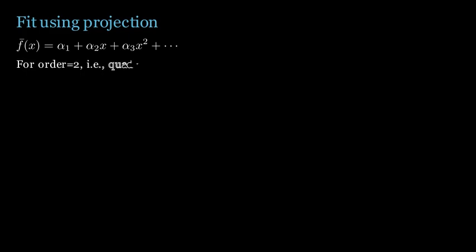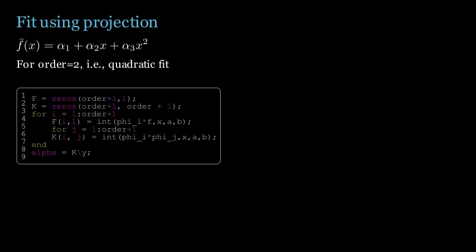All this is useless if we cannot have working code to implement these things. So let's now focus on the algorithm for projection based fitting. So we take the f bar. For a quadratic fit, it will have three coefficients, alpha 1, alpha 2 and alpha 3, multiplied by 1, x and x squared respectively. So this means phi 1 is 1, phi 2 is x and phi 3 is x squared.